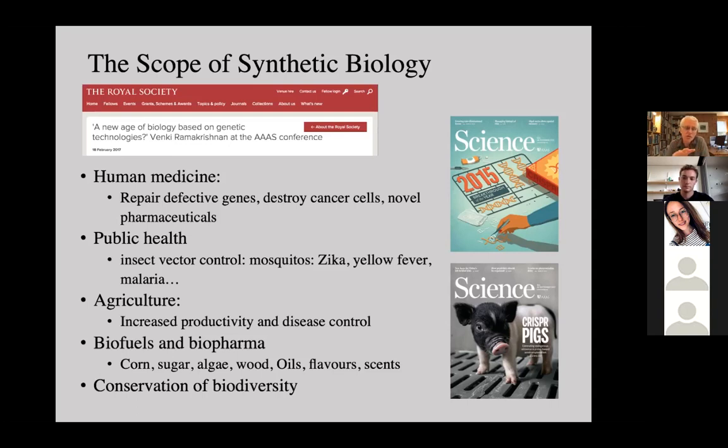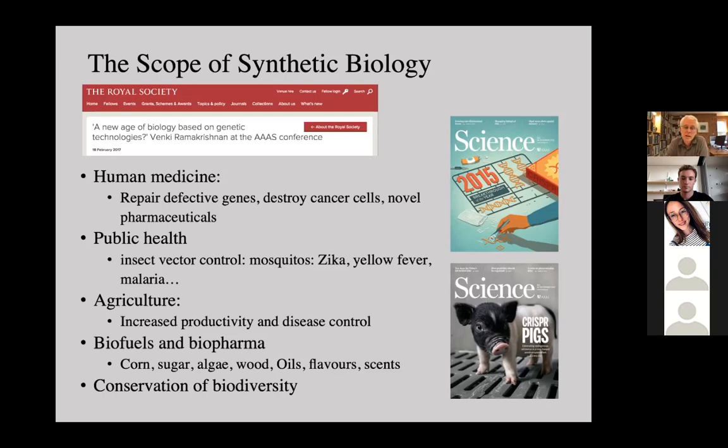And he outlined a whole series of areas: human medicine, obviously, also all sorts of work on genes related to genetically based diseases, all sorts of applications in public health, particularly insect vector control, but many other things. Lots of applications in agriculture to increase productivity, to control diseases, to enable farm animals to survive under the kind of industrial conditions that the world economy prescribes that they should be brought up in.